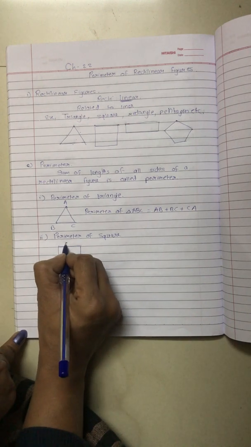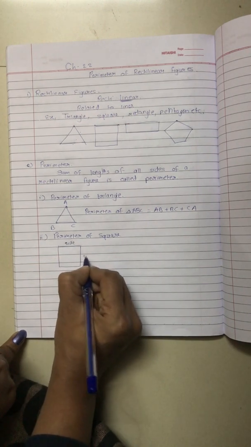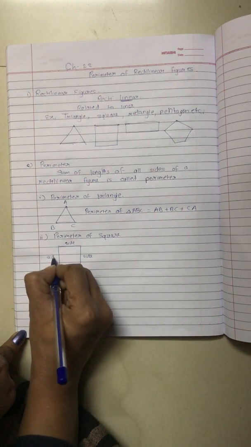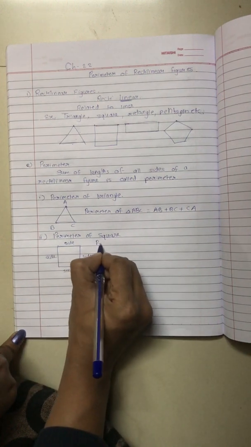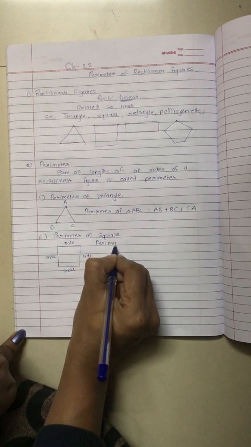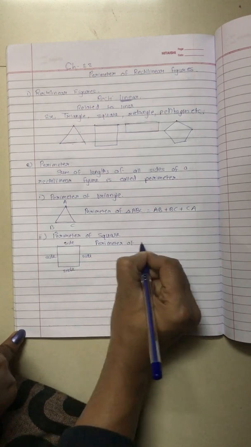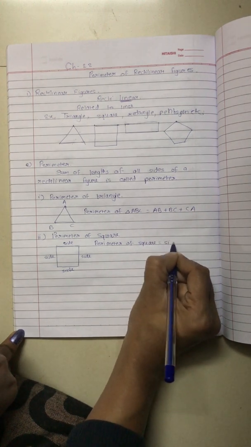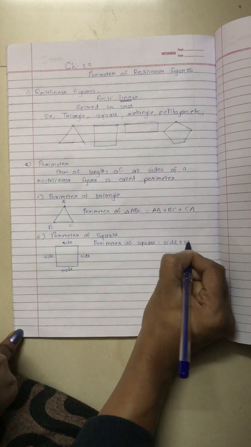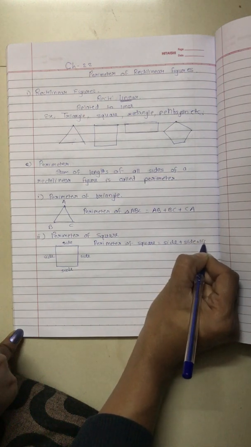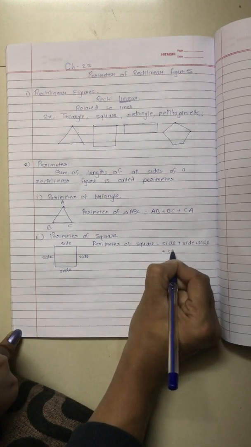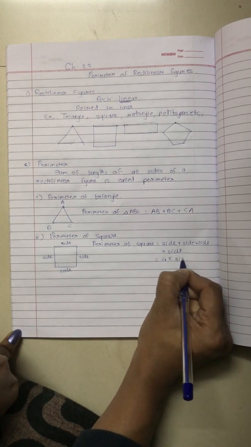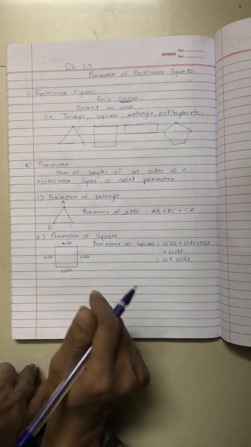So for example, if we consider this is a side of any length, the perimeter of square is equal to the sum of all the sides, so it will be side plus side plus side plus side, and that is nothing but 4 multiplied by side, because all the sides are equal.